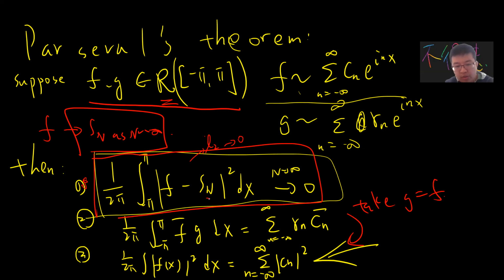So once you have this, you can use Cauchy-Schwarz to prove that their Fourier series, this guy becomes this guy, even though f and g do not become this. This is the tricky part in the Parseval theorem: even though I didn't say f will converge to its partial sum, I proved that their square difference is close to 0 as n goes to infinity. Then I can use Cauchy-Schwarz to bound the following.